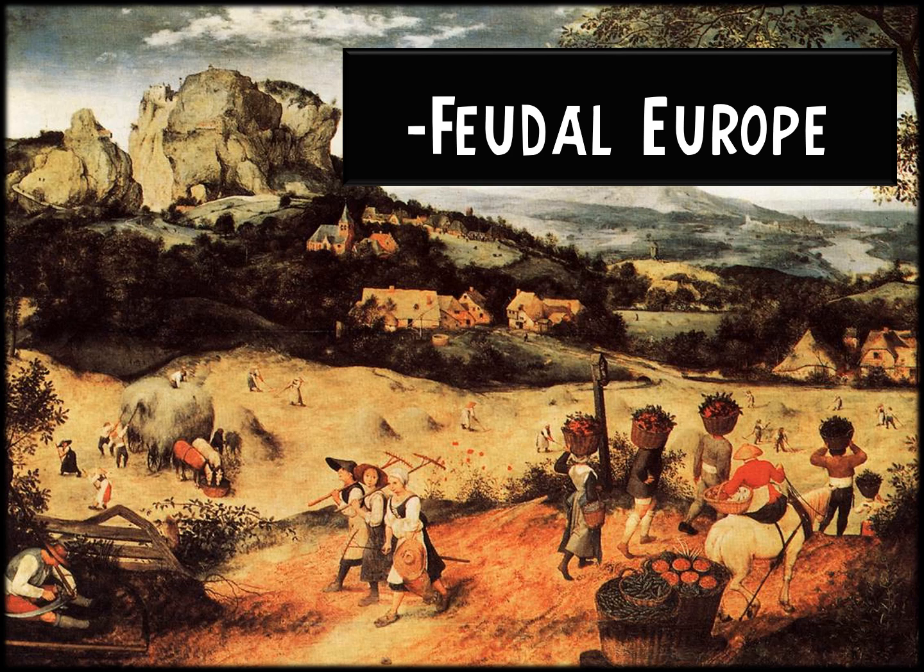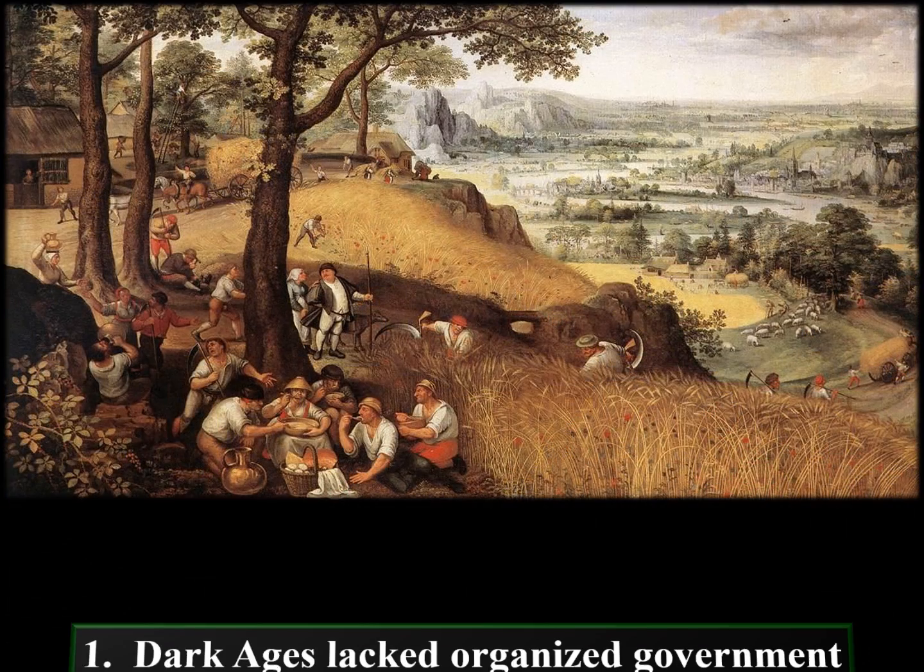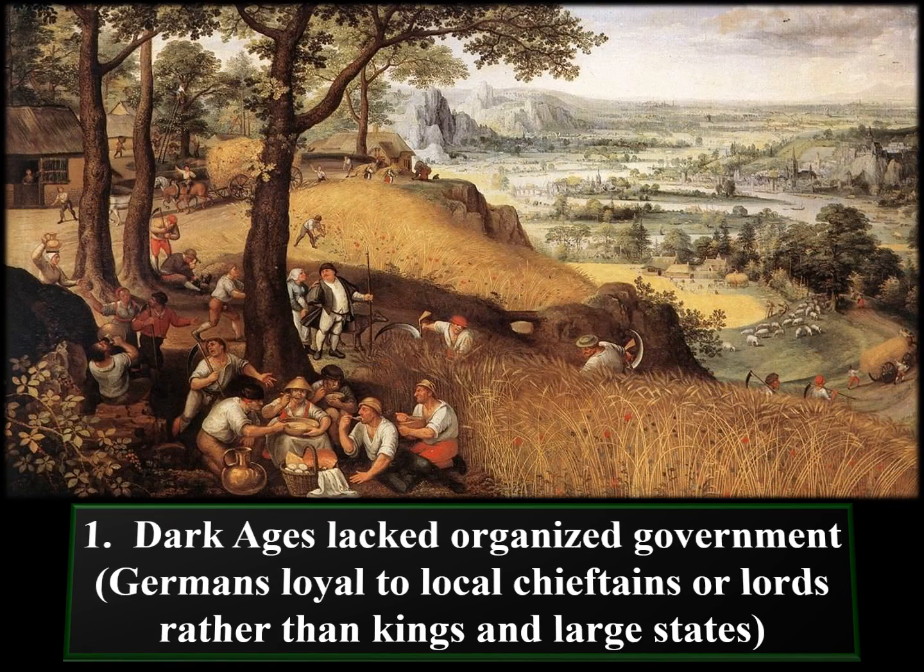This, of course, will lead to the rise of what we know as feudal Europe. The Dark Ages, as we said, lacked organized government structure. The Germanic groups that settled in these other areas were not united politically.